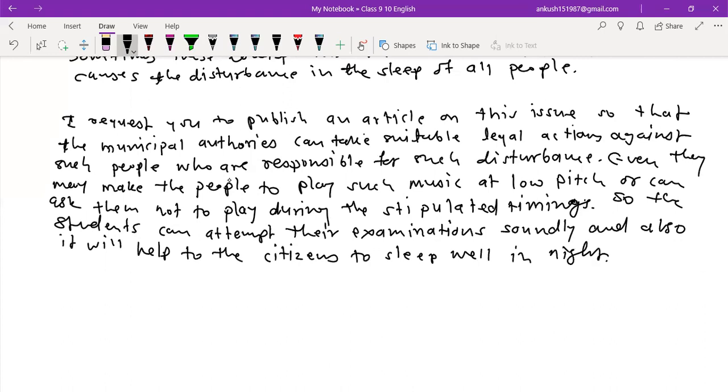Sleep well in night. Okay, so even you may write over there that students can attempt their examinations soundly, and they can concentrate in their studies as well. Understood? Okay.